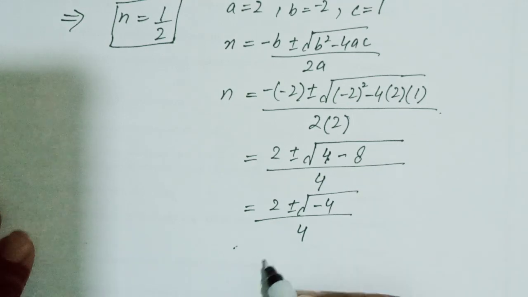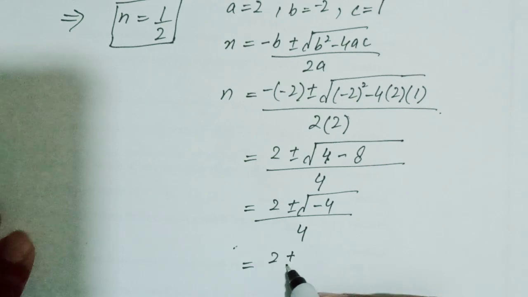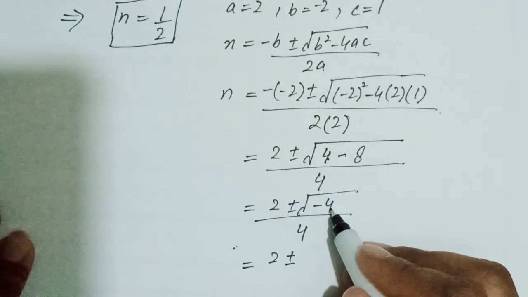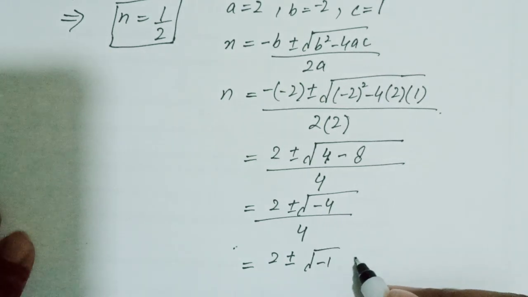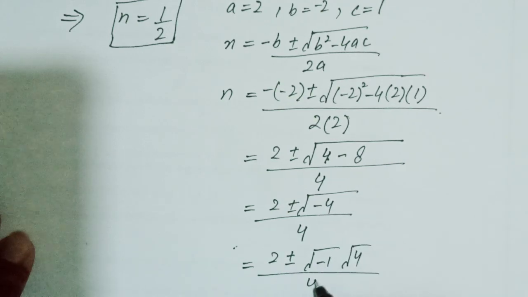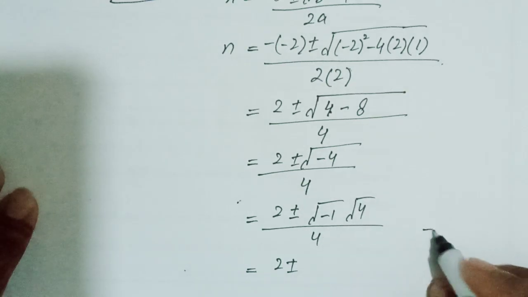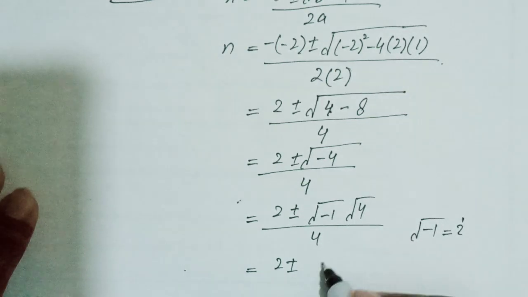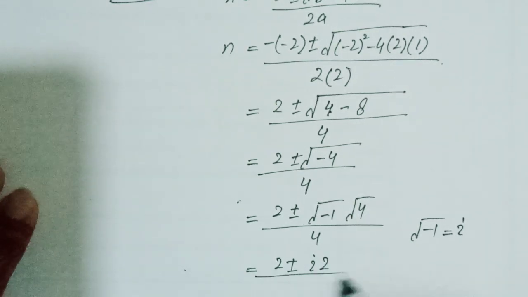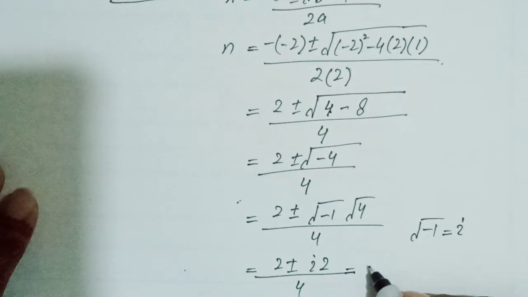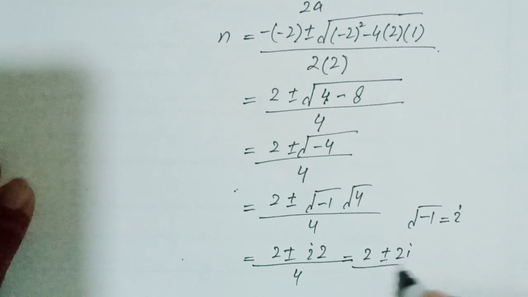Further I can write this as 2 plus minus square root of minus 4 over 4. I am going to separate this into square root of minus 1 and square root of 4 over 4. So I can write this as 2 plus minus, square root of minus 1 equals iota, and square root of 4 equals 2. So it can be written as plus minus 2 iota over 4.